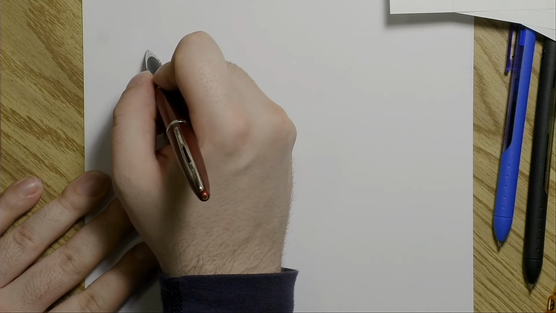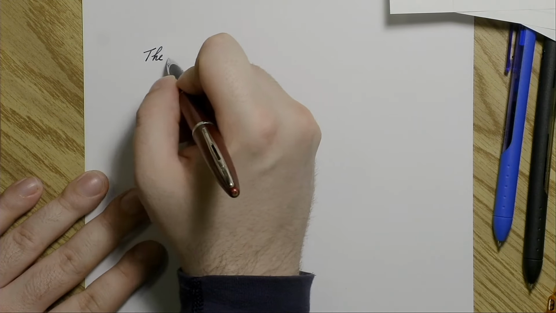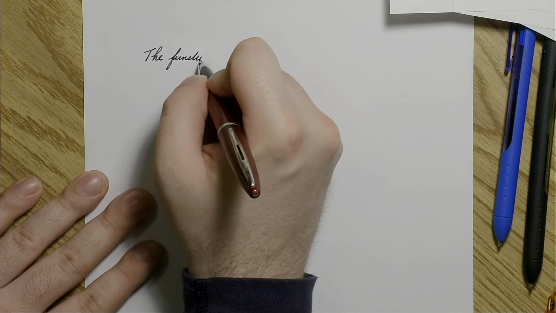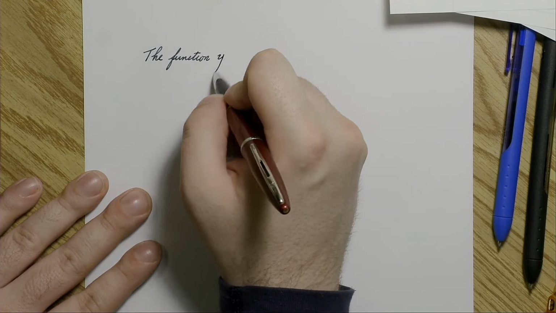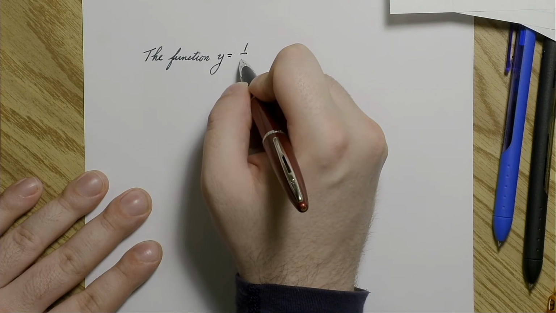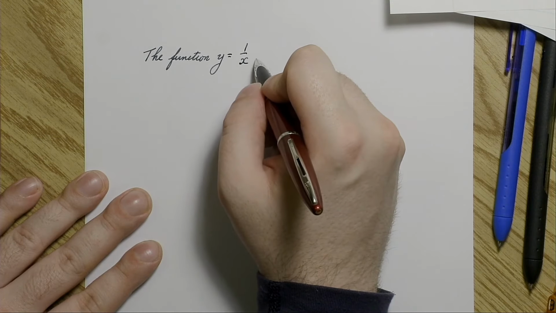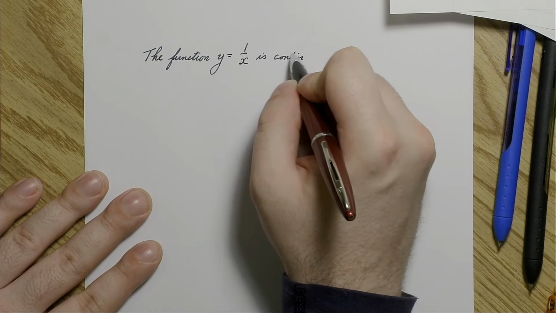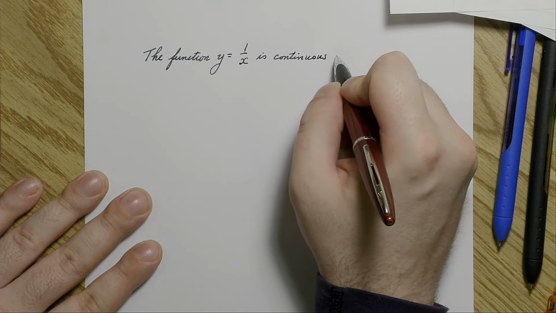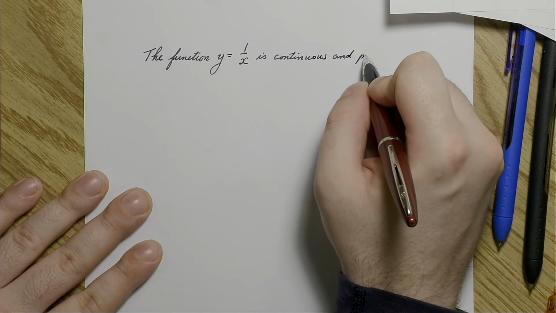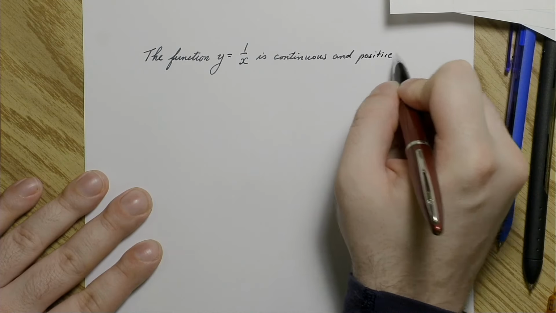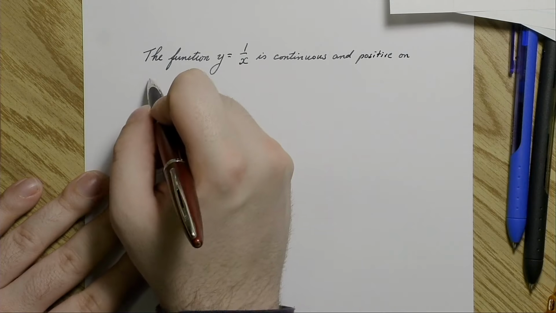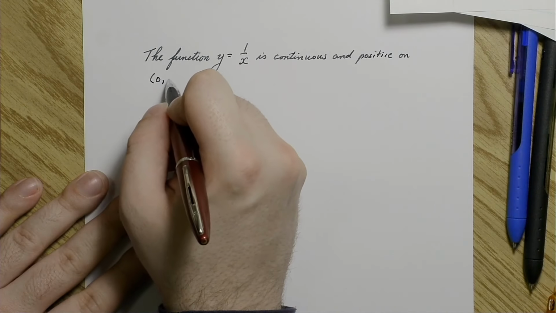So we start off with the function y equals 1 over x. Of course, we know that that function is continuous and positive on the interval 0 to infinity.